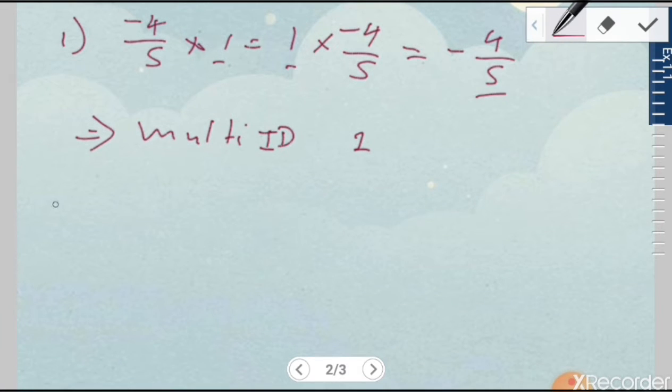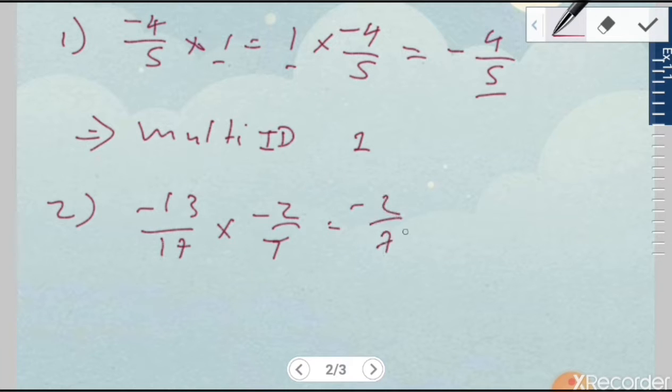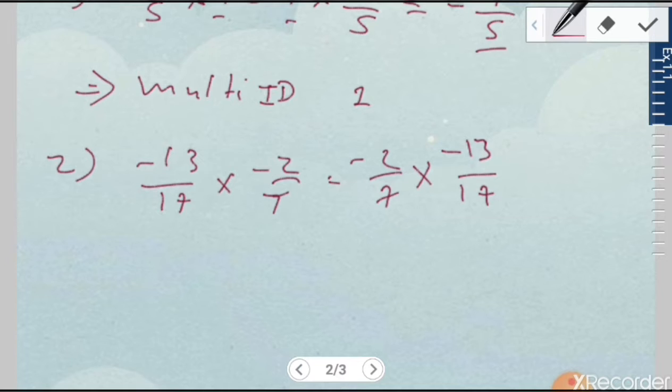In Question 2, minus 13 upon 17 and minus 2 upon 7 is equal to minus 2 upon 7 into minus 13 upon 17. Here we can check that the first term is this, but in the next it is the second term. Here is the second, and in the next it becomes the first term.